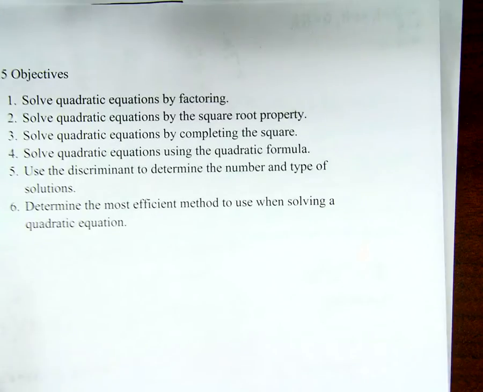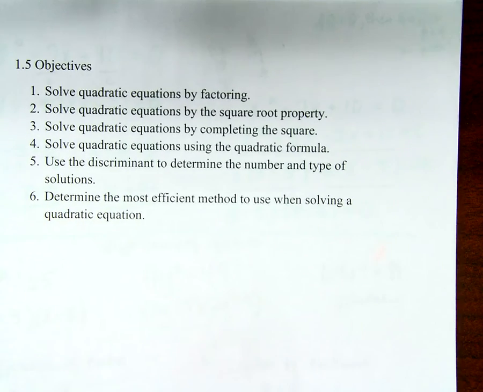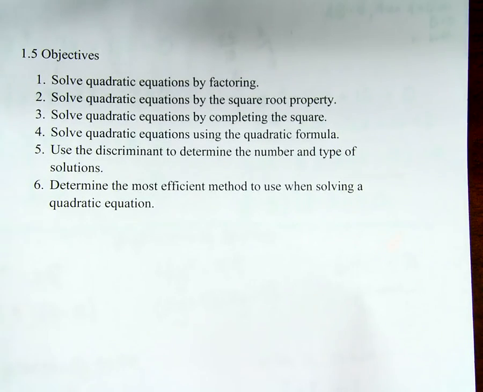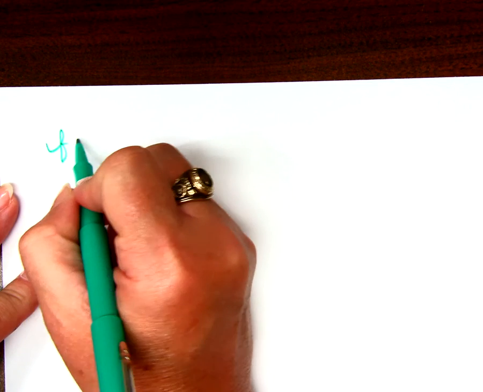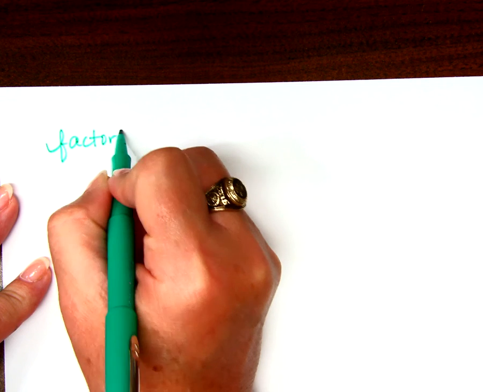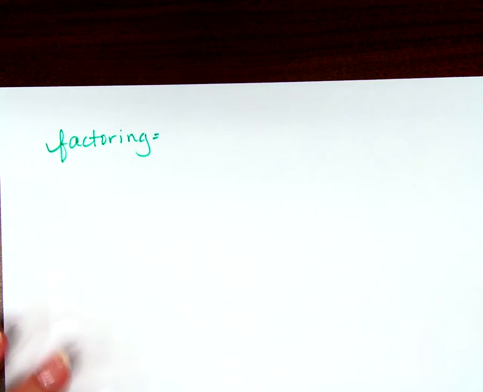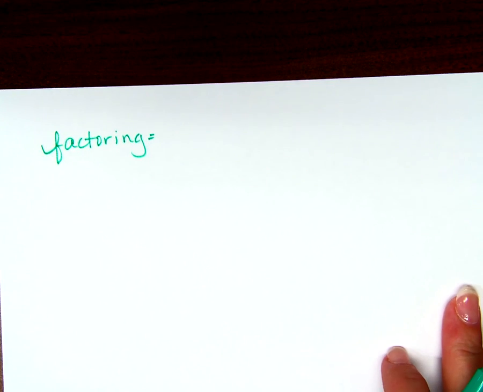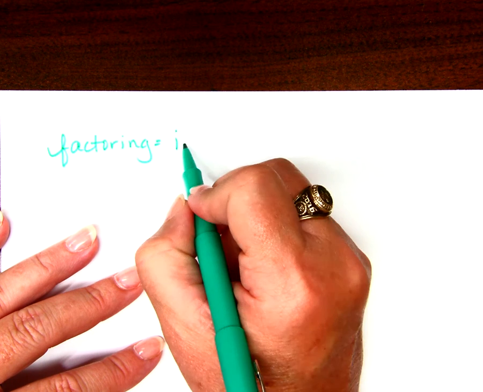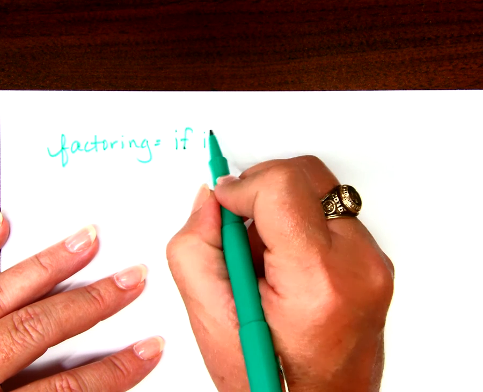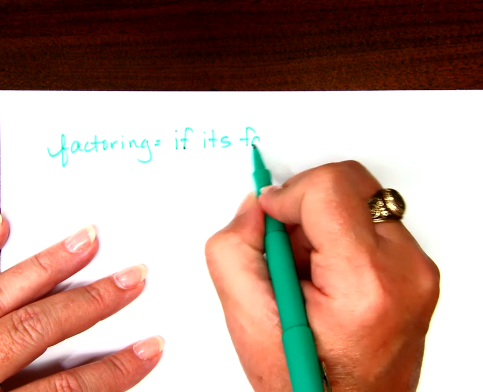The last one. Determine the most efficient method to use when solving a quadratic equation. So the first way we talked about was factoring, right? When will we use factoring? Well, to me, it seems the most obvious we'll use factoring is if it's factorable.